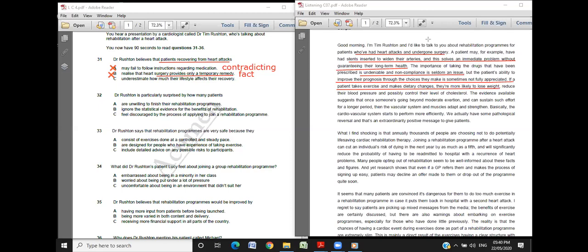So choices that they make are these lifestyle changes, okay? And they have said is sometimes not fully appreciated. Okay? To appreciate is to acknowledge, to recognize. So here also it is saying underestimate, not fully appreciate it. That means they know about it, but they don't really fully understand the importance of lifestyle changes on their recovery. So C is the correct answer here.